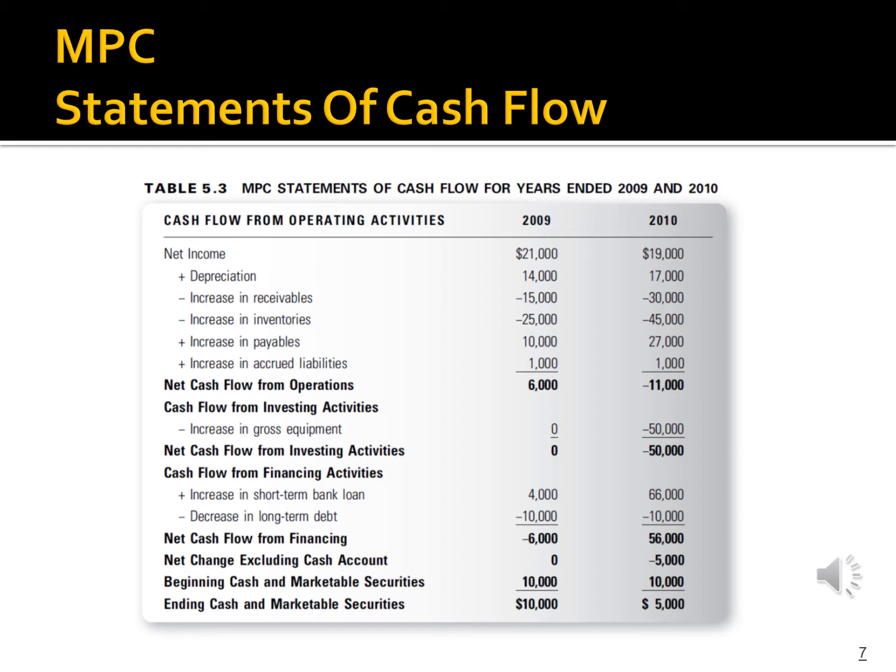The net change excluding cash accounts has no change, but this one has a negative 5,000 change in net change excluding cash account.